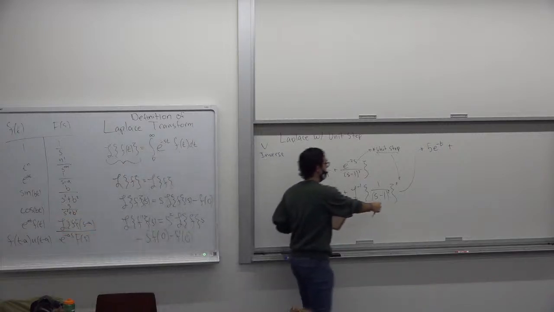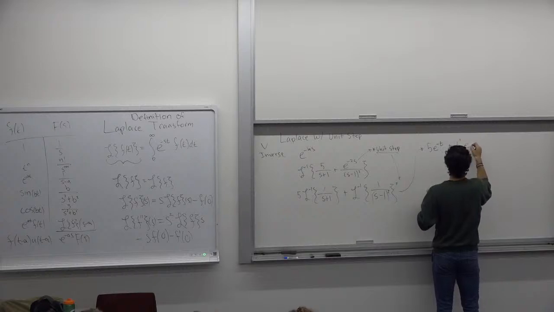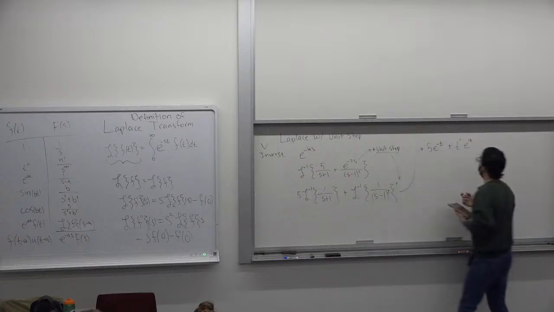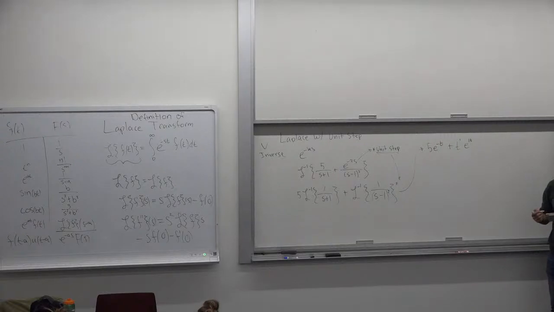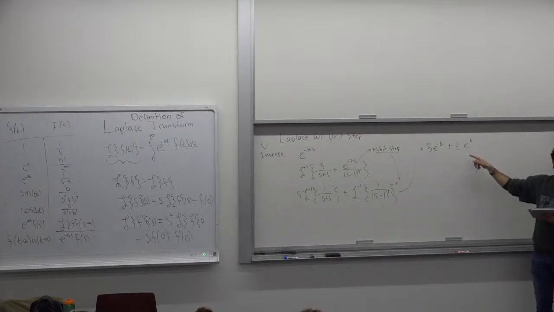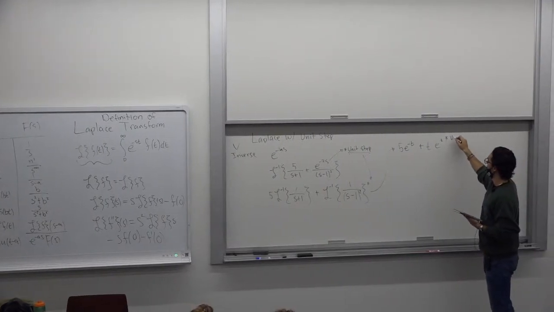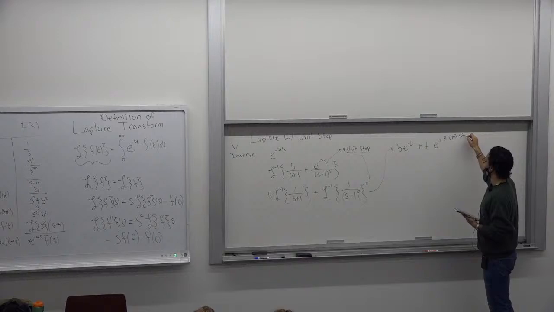A is 1. So when we put that all together, we get plus t to the 1 e to the 1t, which is just t e to the t. So 5 e to the negative t plus t times e to the t. And again, we're not going to forget, this term is still a unit step.